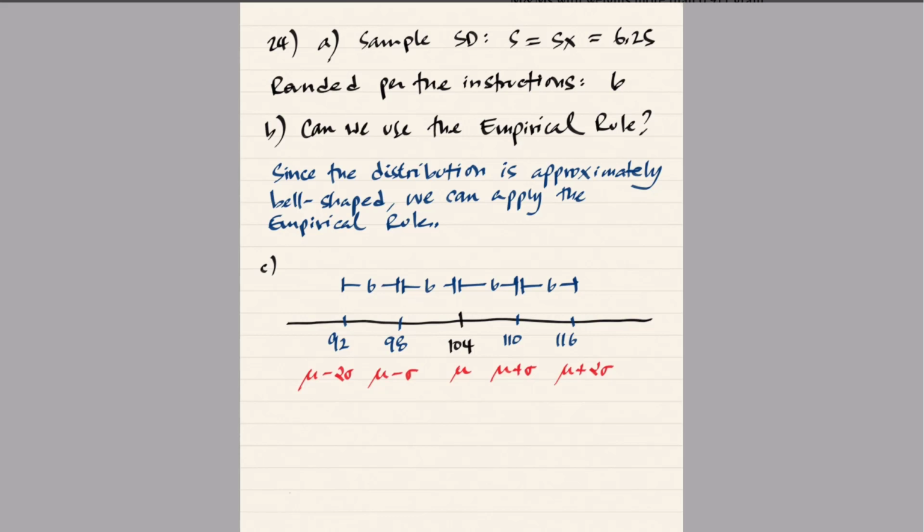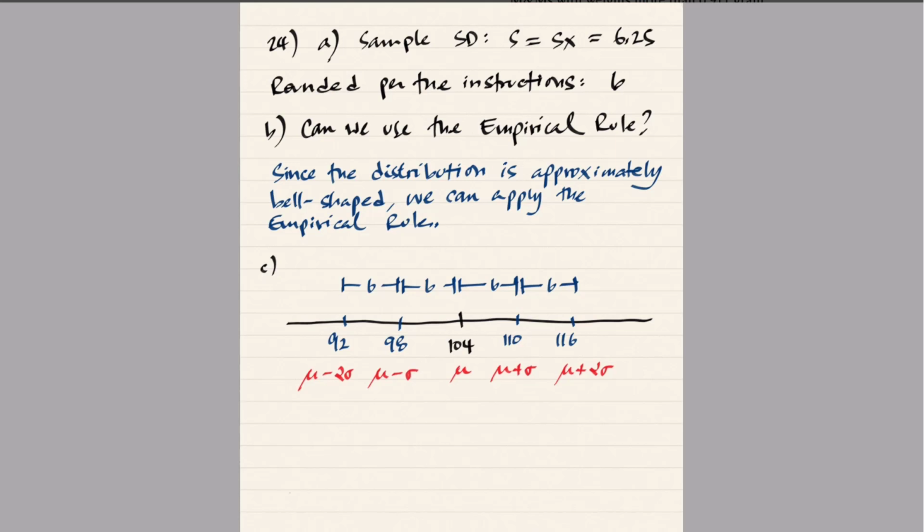Here's my diagram for this particular problem. So as you can see, I have the mean, which is 104, in the middle. And in part A, we estimated the standard deviation to be 6. So if you go up 6 units from 104, that takes you to 110, and that would be mu plus sigma. And if you go up 12 units from 104, that takes you to 116, so mu plus 2 sigma.